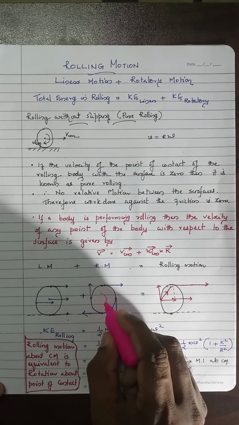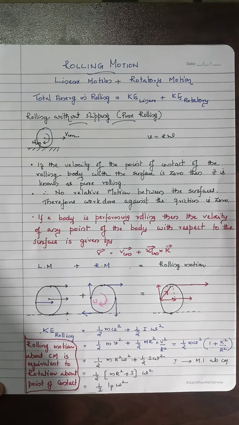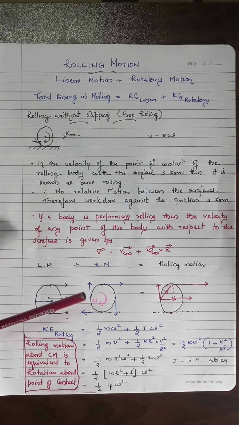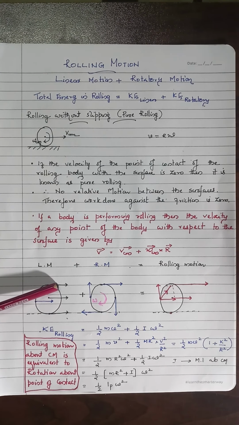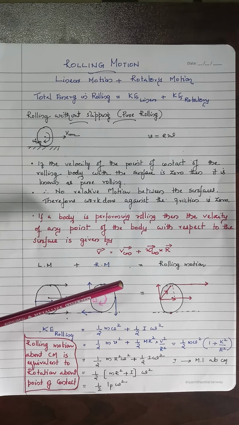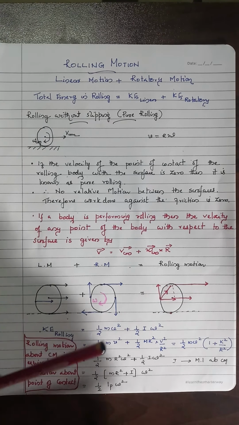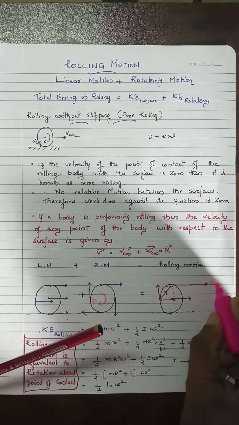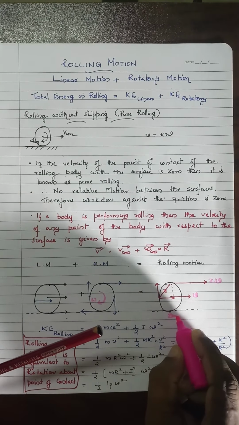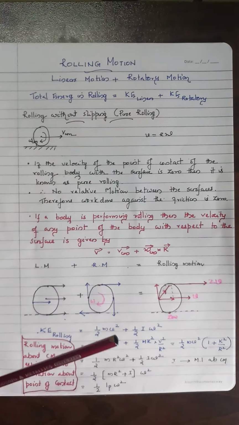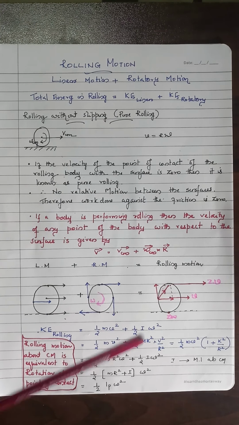It is a very important concept. What is the net effect? If you consider the highest point, there are two contributions, one from linear and one from rotation, and hence its value becomes 2V. At the center it becomes V, at the contact point it is 0, and at the side point it becomes root 2 times V. It's a very important concept.